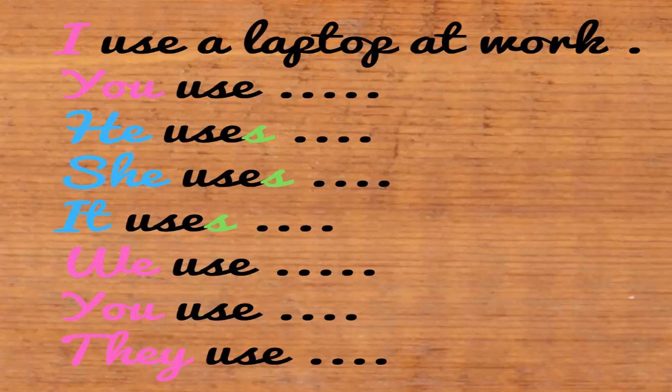For example, you can also say, I use a pen to write on the paper. And as a teacher, I can say, I use chalk to write on the blackboard, or I use a marker to write on the whiteboard. So here the verb is use, and it takes S in he, she, and it.